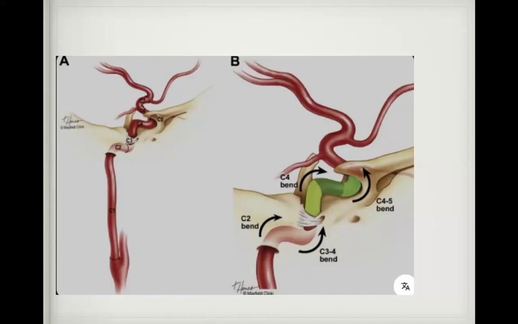So we can see the C2 segment of the ICA, the C3 segment, and on this B image you can see the petrolingual ligament there, and the cavernous segment of the ICA starting from that point. We can see it ascends, goes forward, and ascends again. That green part of the ICA is the cavernous segment of the ICA.